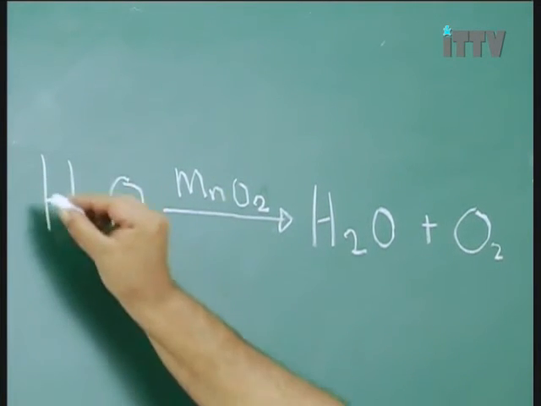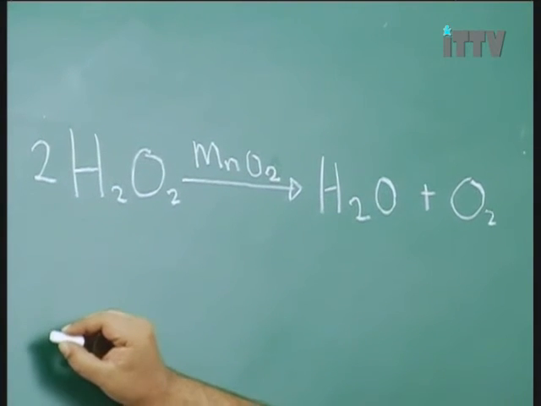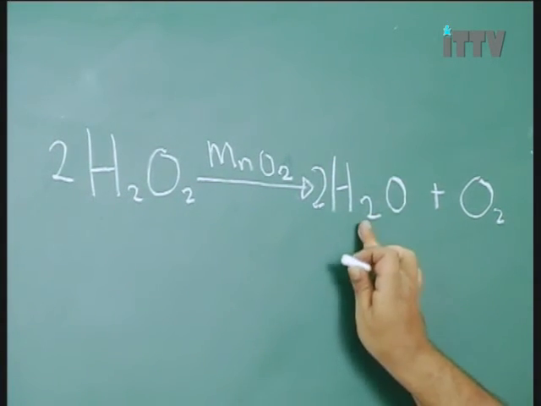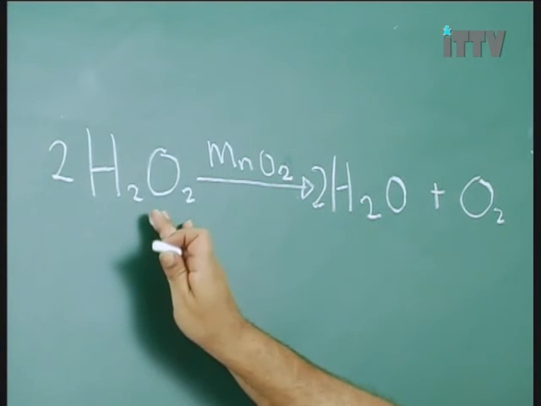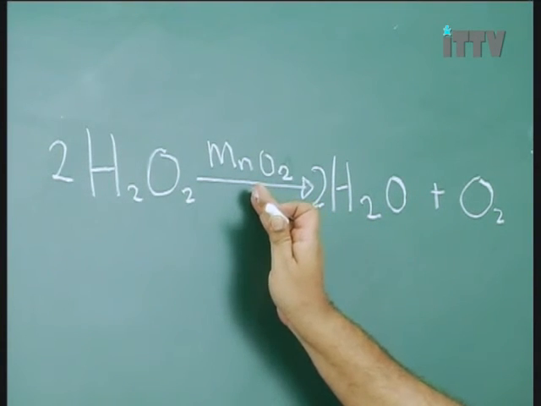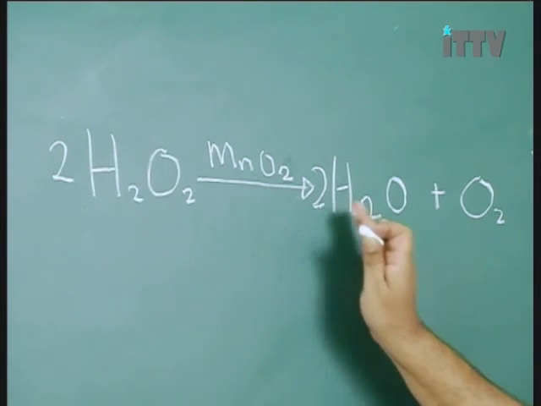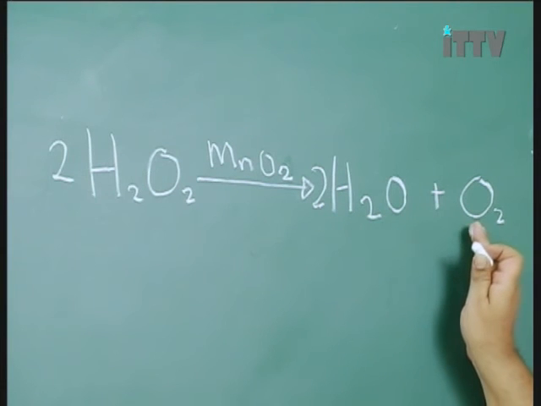To balance the equation, we put a 2 in front of the hydrogen peroxide and a 2 in front of the water. So hydrogen peroxide in the presence of the catalyst manganese 4 oxide will decompose to produce water and oxygen.